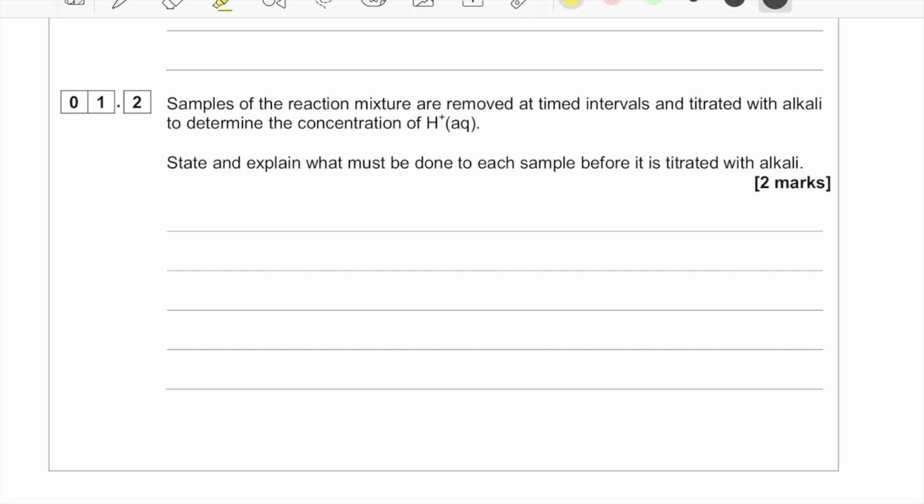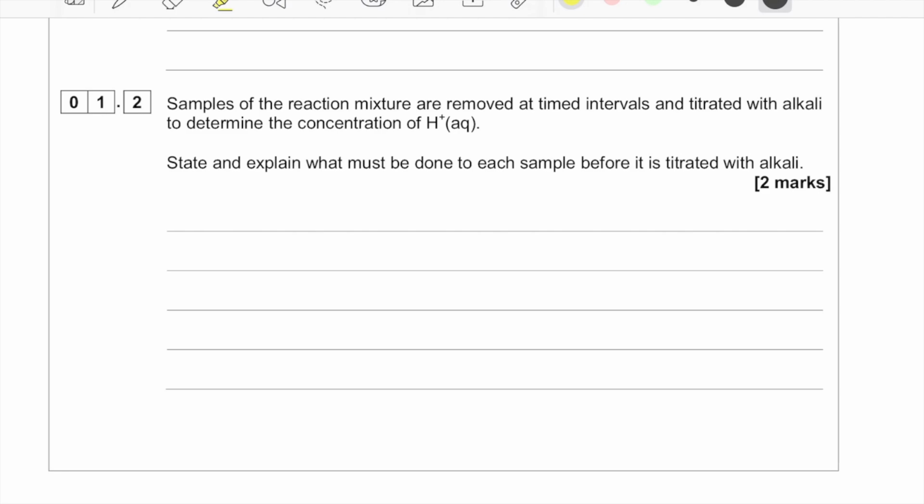Now, if you think about what you would physically be doing here, you would have a reaction mixture, you would be taking a sample at 60 seconds, and then you would be going through the whole process of doing a titration. Just because you take a sample from the reaction mixture does not mean that the reaction stops in your sample.